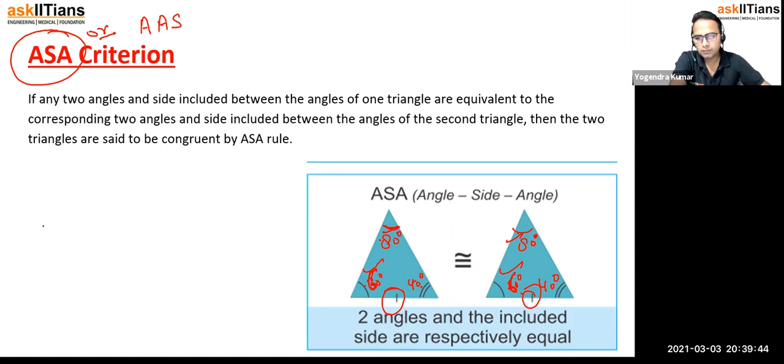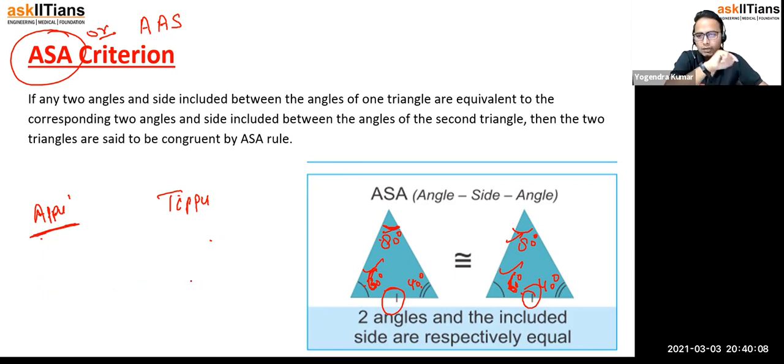So if Appu has one triangle and Tipu has to make a triangle of exactly the same shape and same size, what information does he have to be given? Two angles and one side.